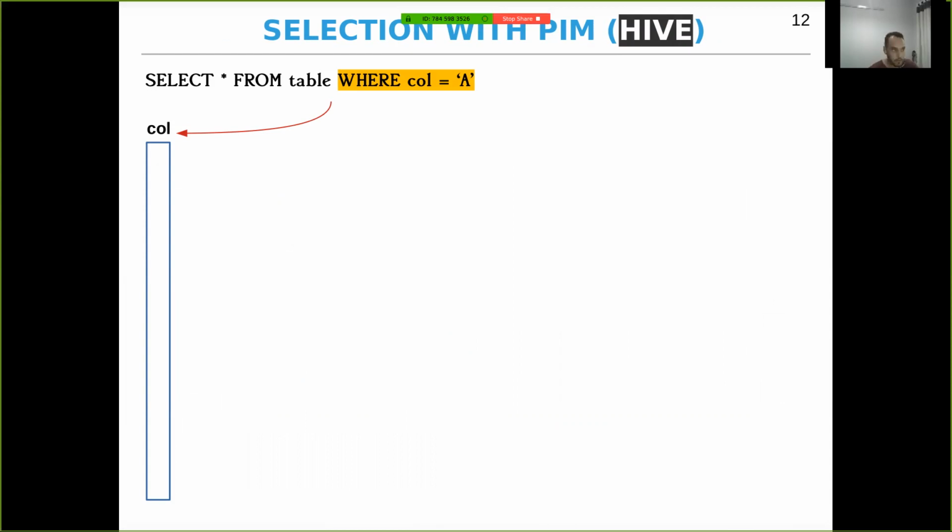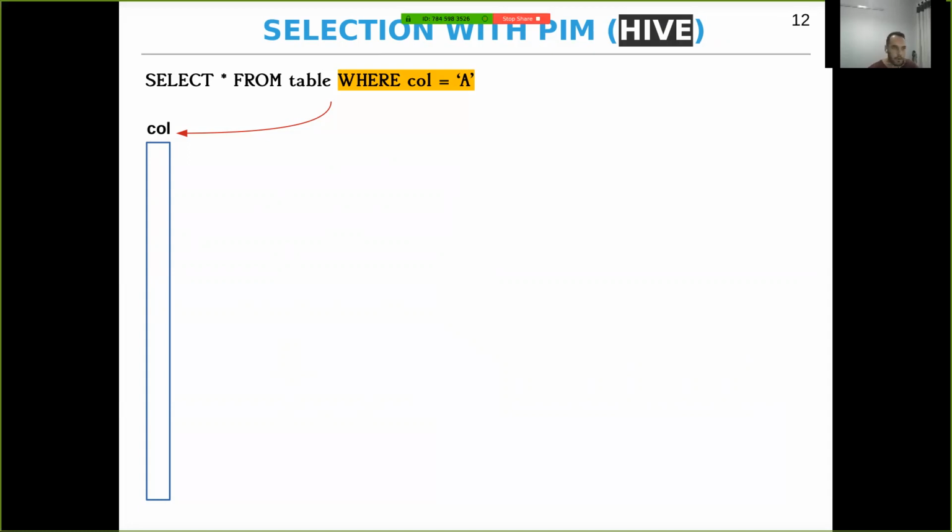That is an extension proposed at the logic layer of the 3D stacked memory. It was proposed to support single operations inside the memory, vectorized operations. Suppose we have our SQL query here, and we need to filter a database column.